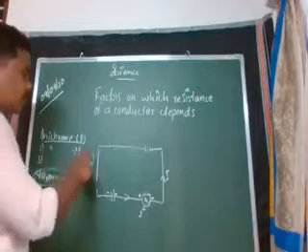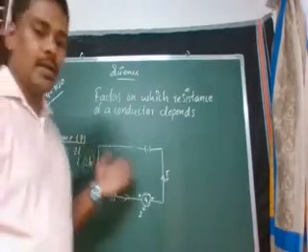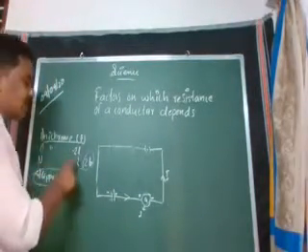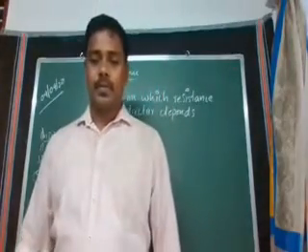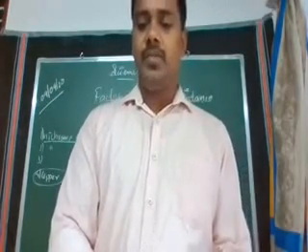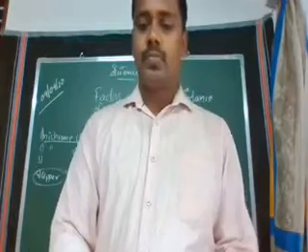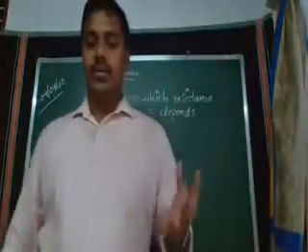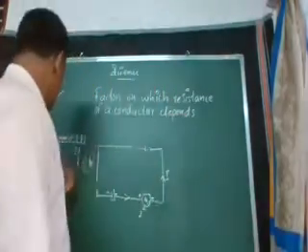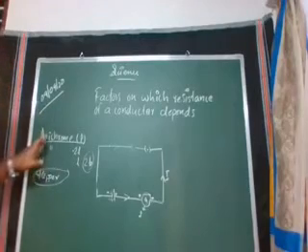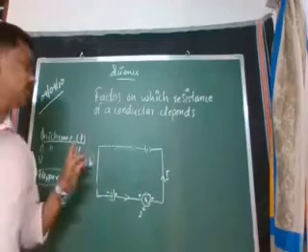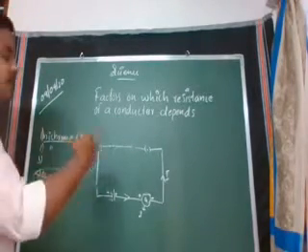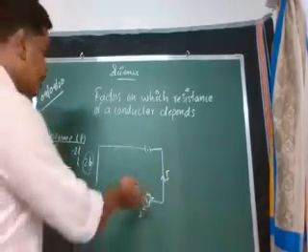In the second case, when the length of the nichrome wire is doubled, the ammeter reading becomes half. Then when the wire is thickened, the reading increases.